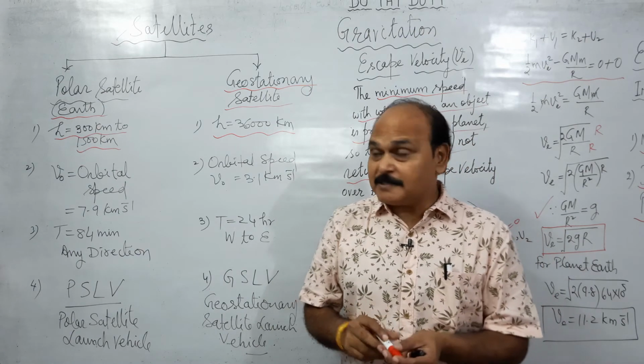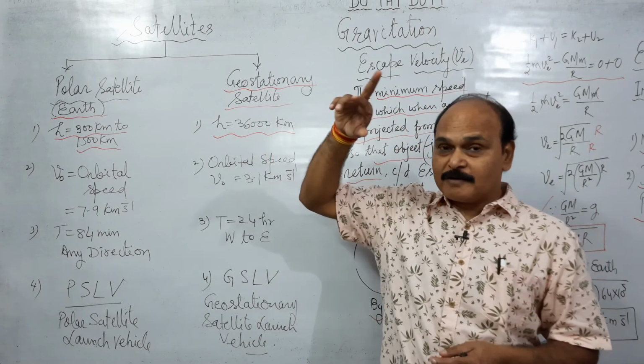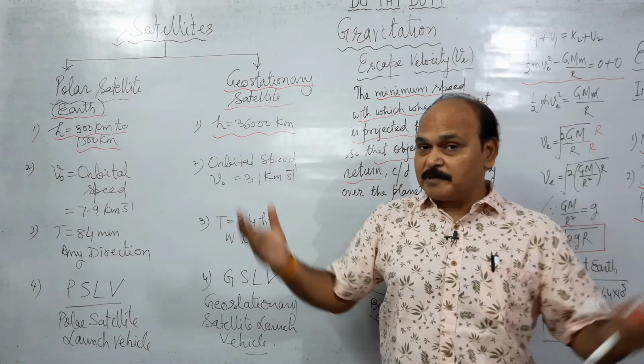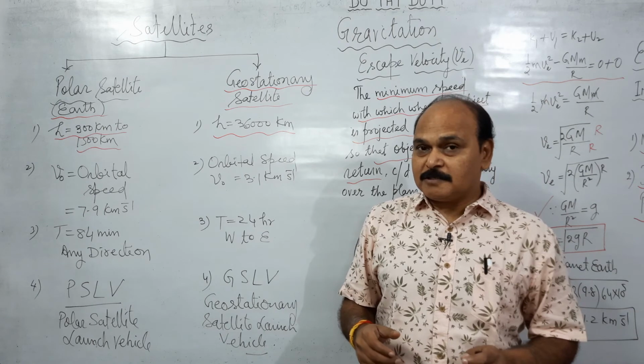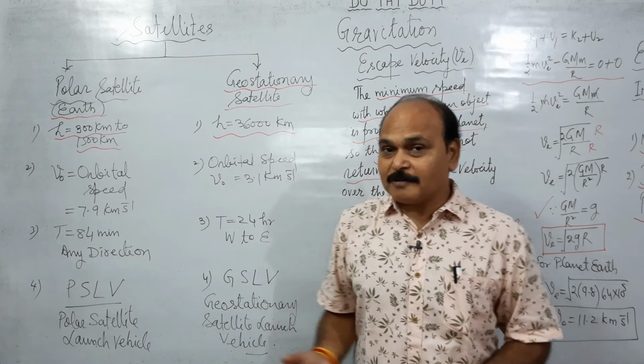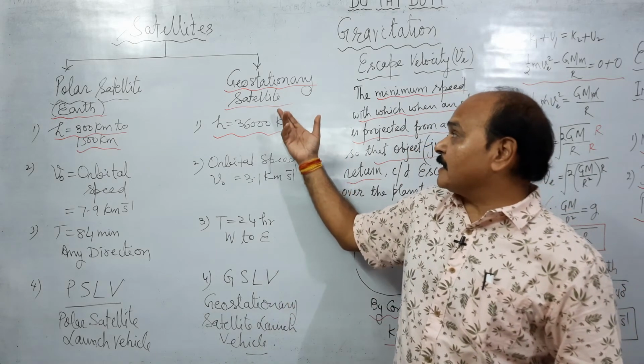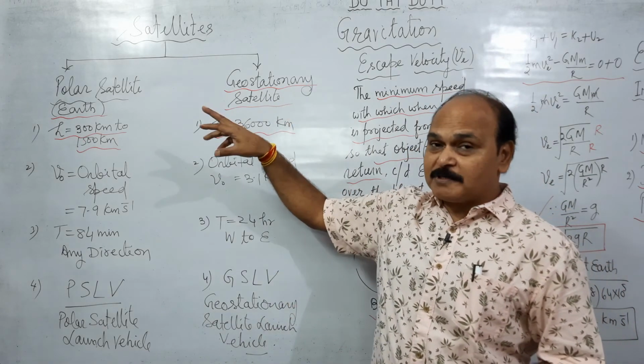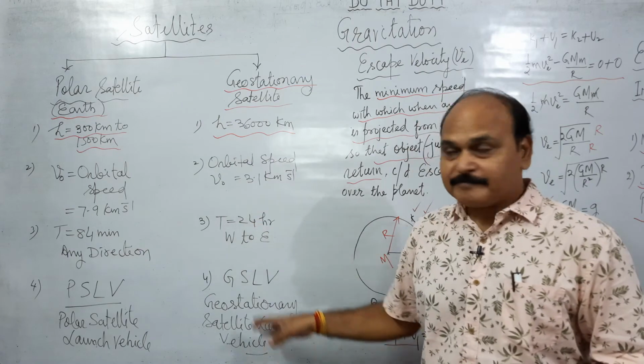The orbit in which these satellites revolve is called Clarke's orbit, or stationary orbit. Why do we call the orbit of these satellites a stationary orbit? That we will know very shortly.